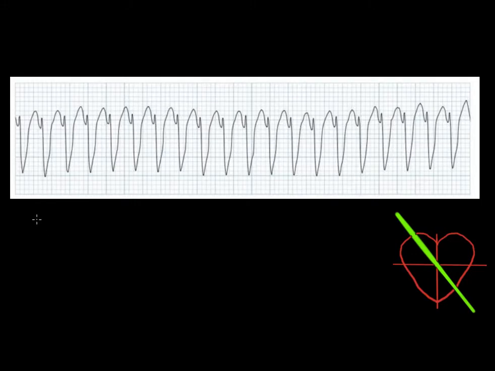So that brings us to the last stop on our conduction pathway, which is the ventricles, and that's taking a look at the QRS. Again, this little dip here would be our Q, this spike would be our R, and this would be our S, probably stopping somewhere around here. The first question we would ask ourselves is, what is the width of the QRS?